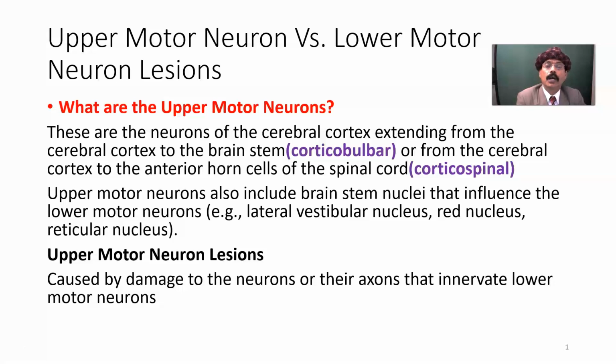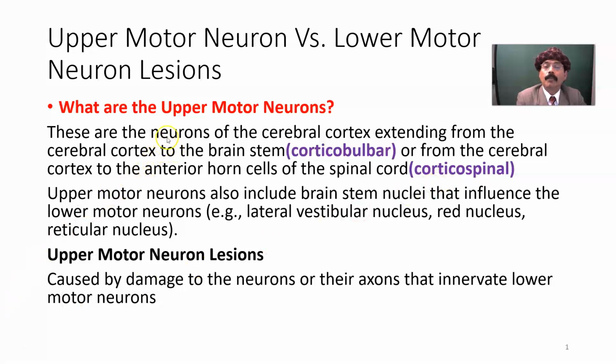So what are the upper motor neurons? These are the neurons of the cerebral cortex extending from the cerebral cortex to the brain stem. We call them corticobulbar neurons. Or from the cerebral cortex to the anterior horns of the spinal cord, we call them corticospinal neurons.